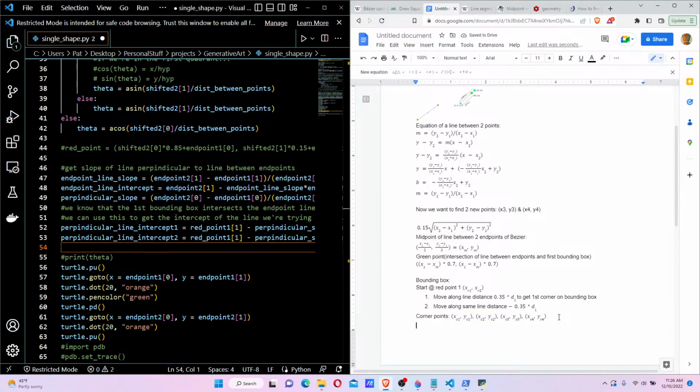and I'll just call it the first corner point. So the difference between the first corner point, so let's see, it has that slope, so I guess I could just use point slope form to do y minus y1 is equal to m times x minus x1 plus b.